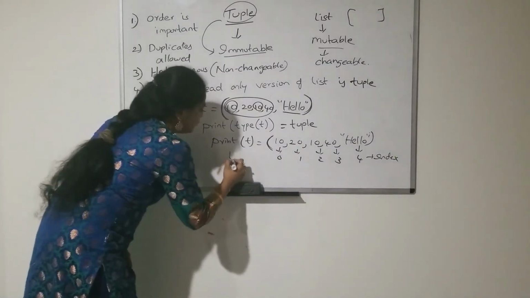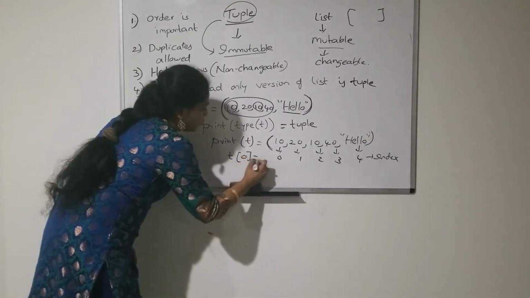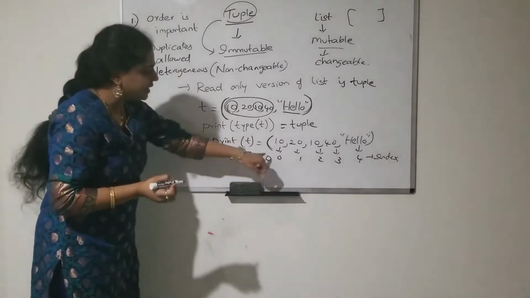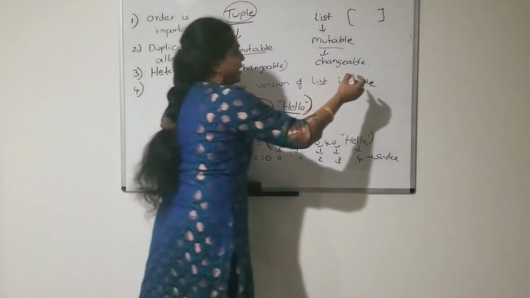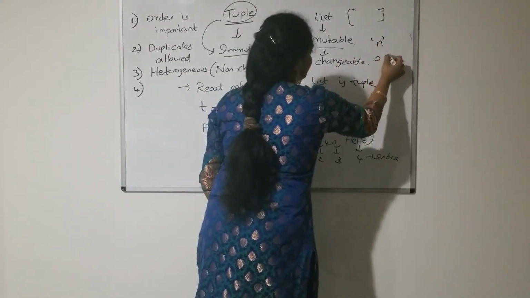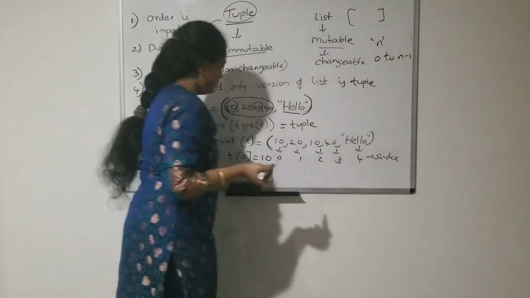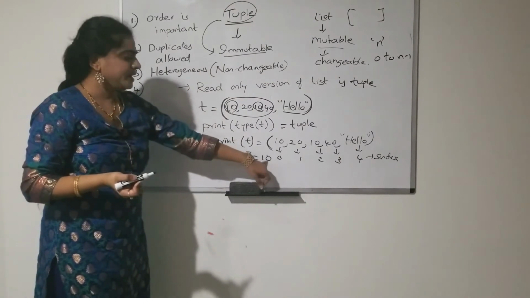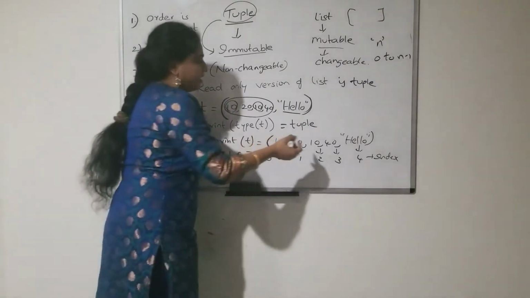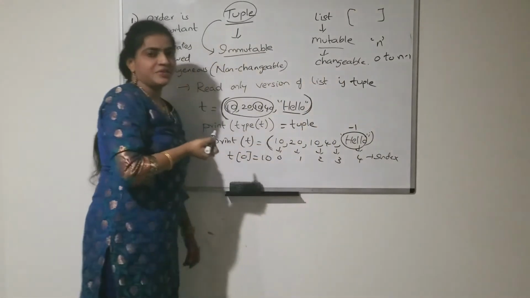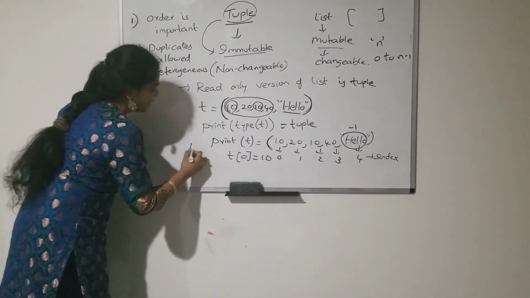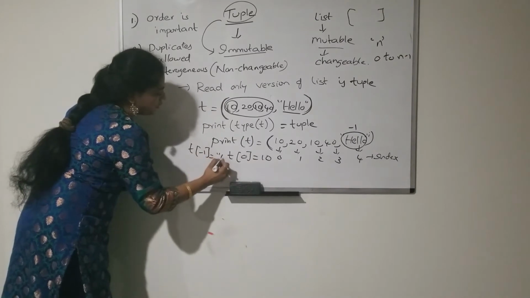If you print t of 0, the output will be 10. That is the 0th index of the tuple. For n number of elements in the tuple, the index will be from 0 to n minus 1. T of 0 is nothing but 10. Similarly, if you want to print the last element, we have to use minus 1 index. So, t of minus 1 is the last value, that is hello will be displayed.